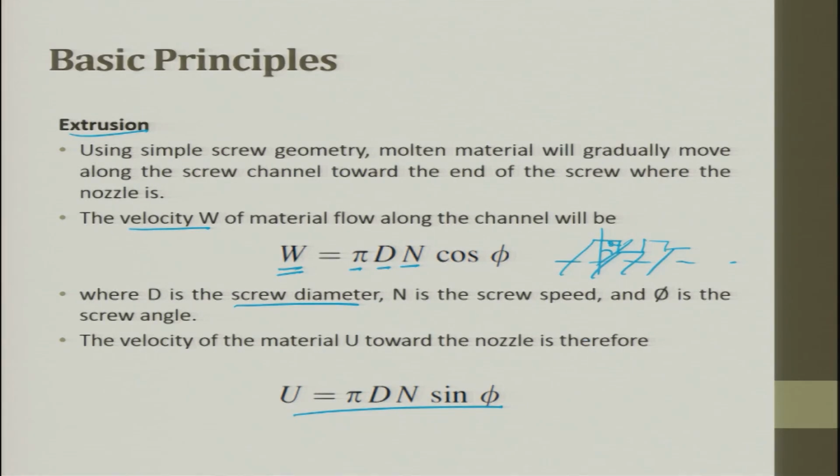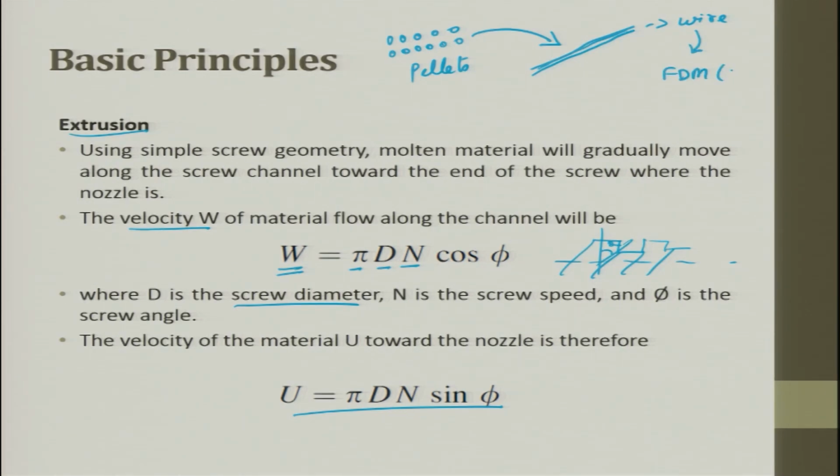Here now comes an interesting thought process. See, these are pellets or powders, polymer powders. From the pellets you get converted into a wire. This wire is used in the FDM process. By the process called extrusion, we make an output.